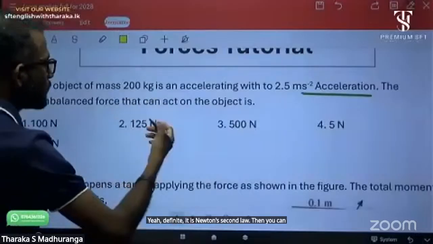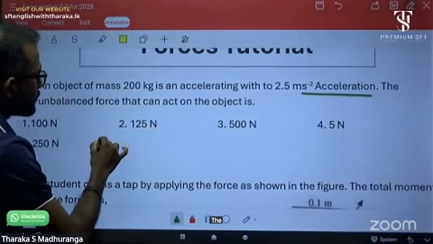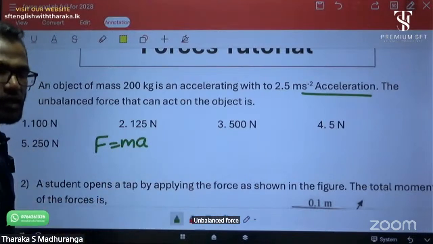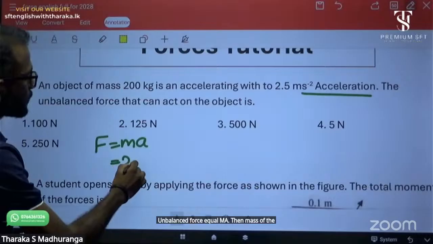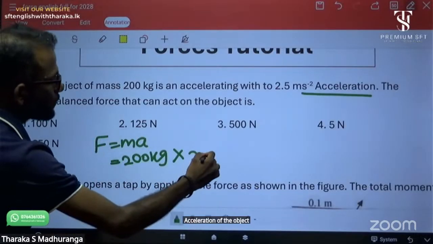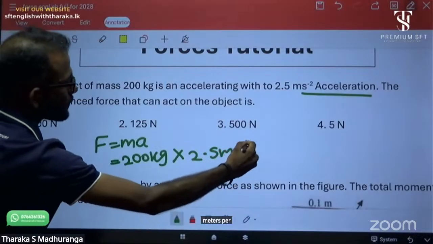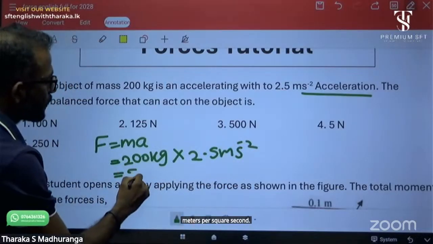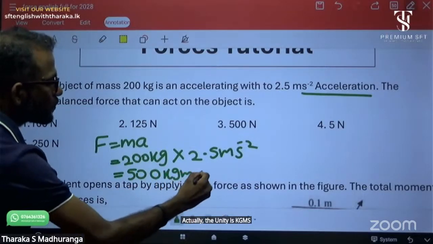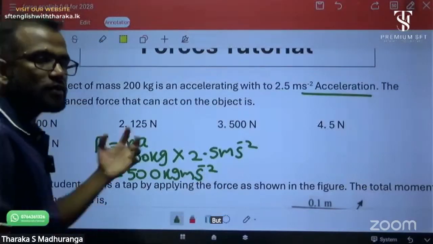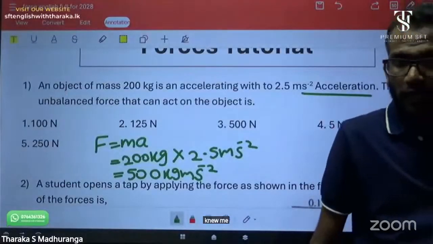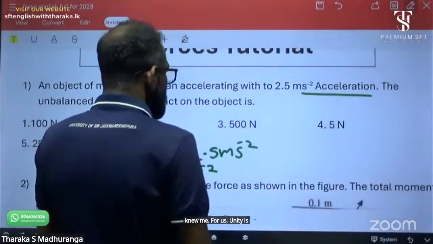According to Newton's second law, the unbalanced force equal ma. Mass of the object 200 kilogram, acceleration of the object 2.5 meters per square second. Then 500. Actually, the unit is kg ms minus 2. But as I told, the Newton force unit is a derived SI unit, meaning we can replace it by another term.